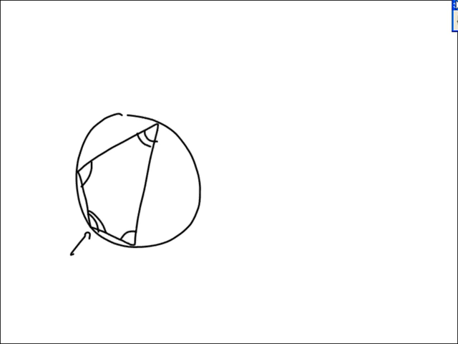This angle, made up of these two rays, cuts off this arc.